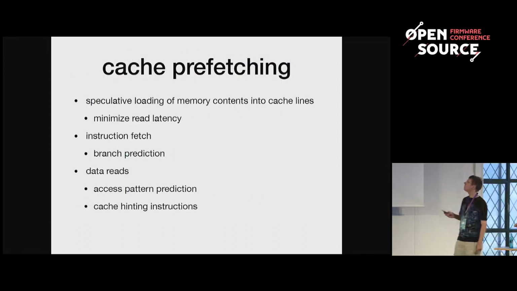Also, you want the data to already be in the cache when you access it. So there's cache prefetching. For the instructions, branch prediction is used: the processor thinks, well, probably those instructions will be executed, and then the prefetcher tries to make sure those instructions are already in the instruction cache.